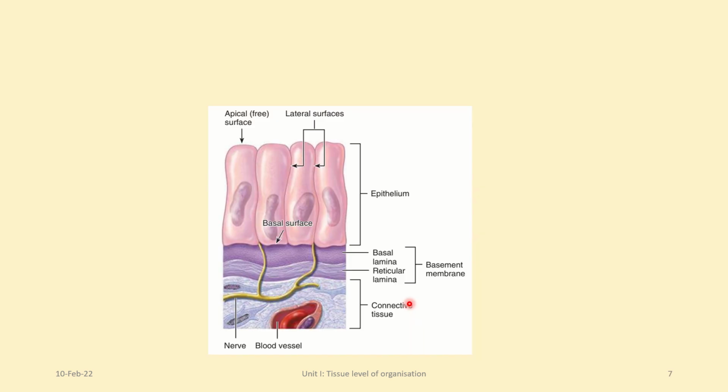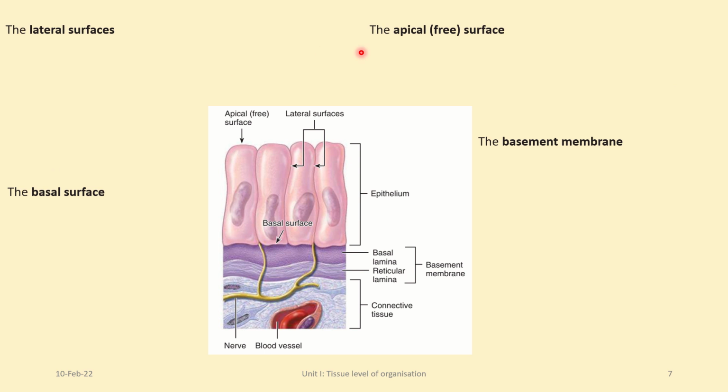Now let's move on to the classification. Before we do, let's understand a typical epithelial lining or epithelial surface. As I mentioned earlier, it has the apical or the free surface. It also has the lateral surfaces which adjoin each cell. It has the basal surface which is on the other end of the cells.